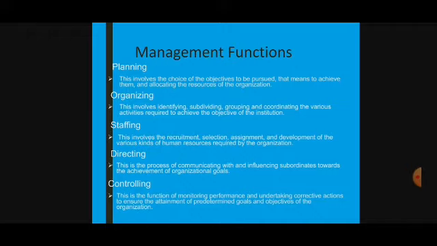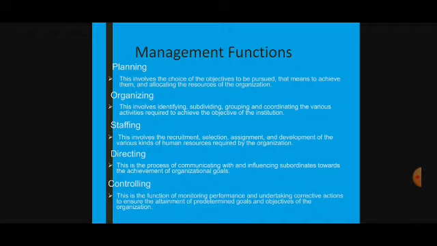This involves identifying and subdividing, grouping and coordinating the various activities required to achieve the objectives of the institution. Three, staffing. This involves the recruitment, selection, assignment, and development of various kinds of human resources required by the organization.